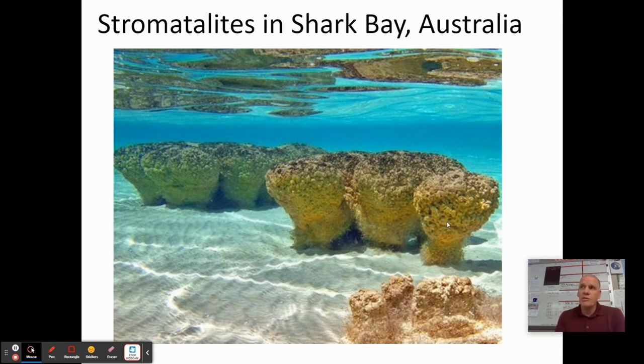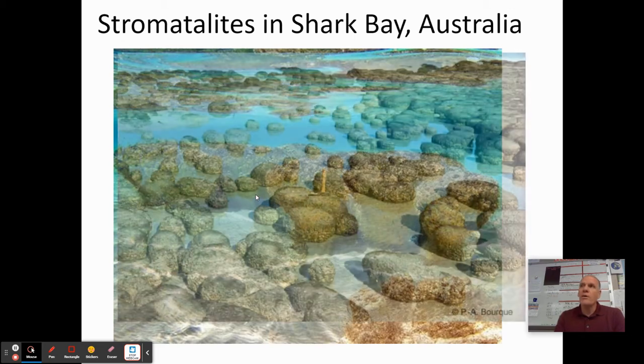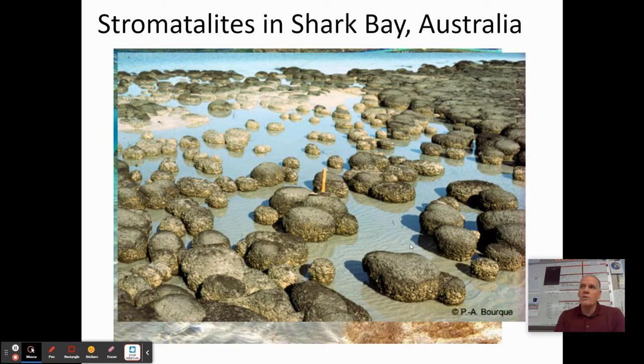So on top of this rock-like formation is a very, very thin layer of living bacteria. And as the tide goes in and out, that bacteria, here it is at low tide, sometimes gets covered up with sand that's in the water. It just kind of settles in on top of that. And then bacteria grow above that sand, and then more sand comes on and gets covered up, and then more bacteria grow on top.